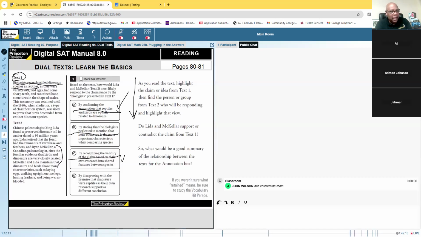On the other hand, AJ, even though we know it's right because we know three are wrong, read D. By disagreeing with the premise that dinosaurs were reptiles as their own research supports a different conclusion. There's nothing wrong with that. You could say birds if you want, most likely birds, but they certainly didn't say anything about reptiles, Lida and McKellar, did they?